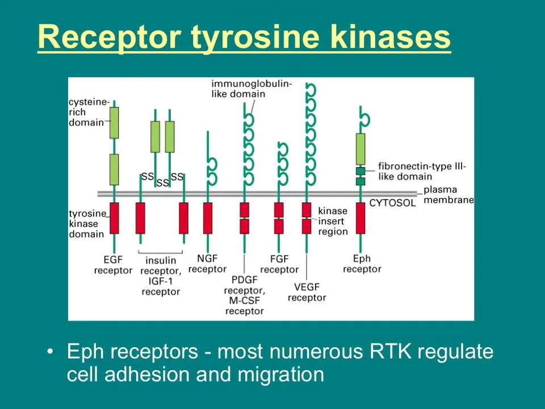If you mess up growth, what do you end up with? Overgrowth, cancer. So these show you that you can have different domains on the outside of receptors, but they all have some sort of kinase domain on the inside. It's funny because these EPH receptors are the most numerous, and they're the ones I know the least about. They're important in cell adhesion and migration.